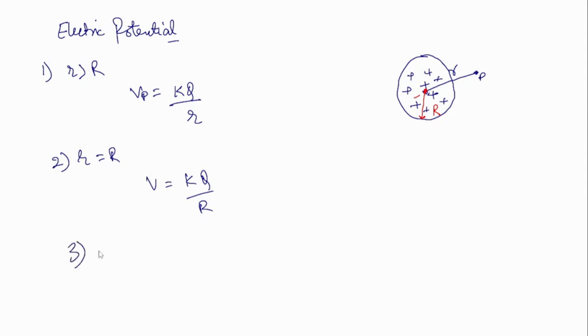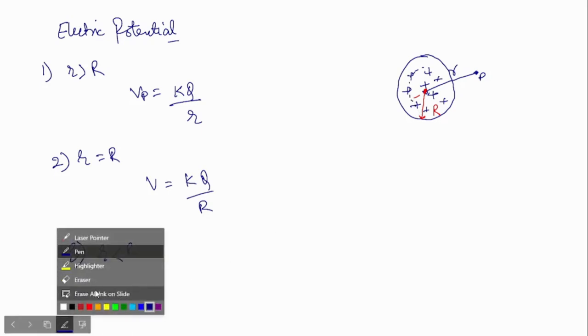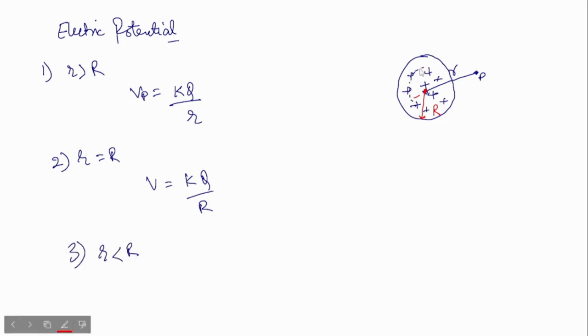Now the third case, small r is less than capital R, that is inside. Consider this sphere, inside, of a smaller radius. Now for the potential, you just need to divide it.